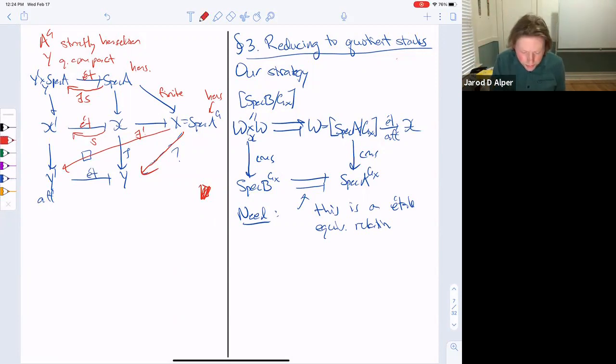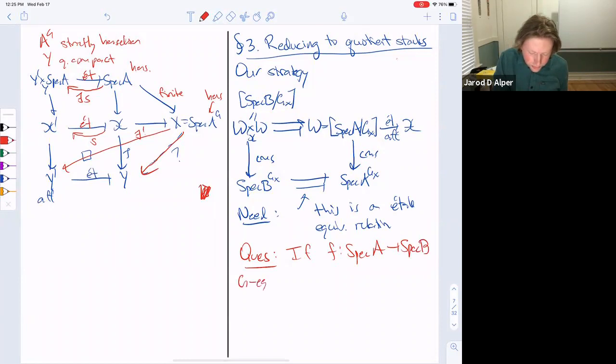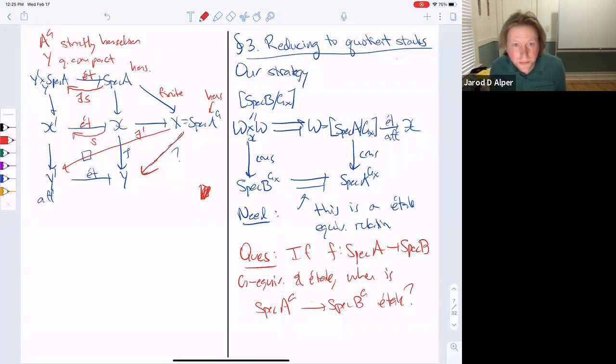And so the central question here is, if we have an affine morphism of affine schemes that's G equivariant and étale, when is the quotient map étale?